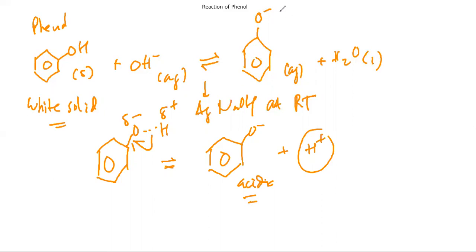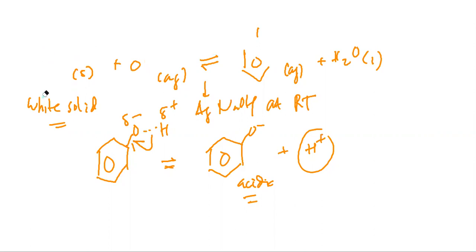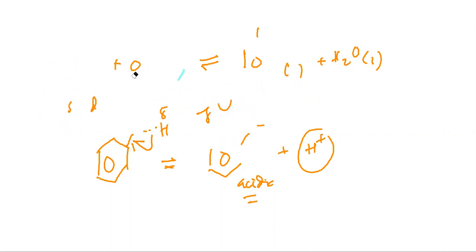So that's the first reaction, where phenol behaves as an acid with sodium hydroxide, which is a base, to become salt and water. It's a reaction between acid and base to give salt and water.